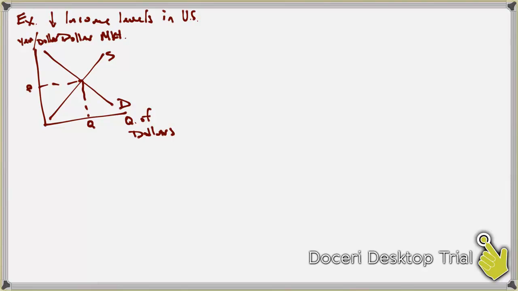Anytime you demand less foreign currency, you supply less of your own. This is probably the trickiest scenario that causes currency to appreciate. We supply less in the foreign exchange market, so the supply curve shifts left.